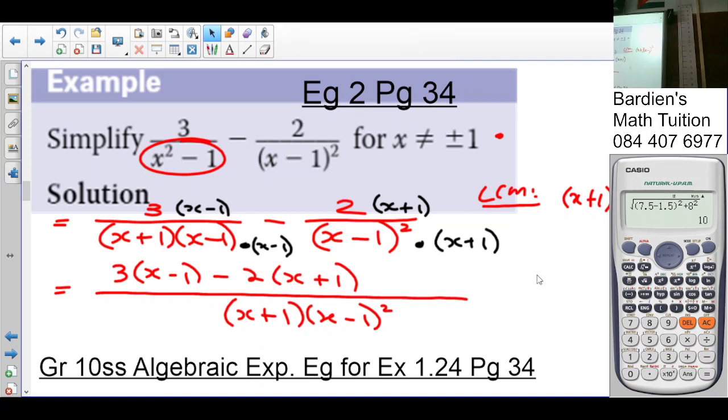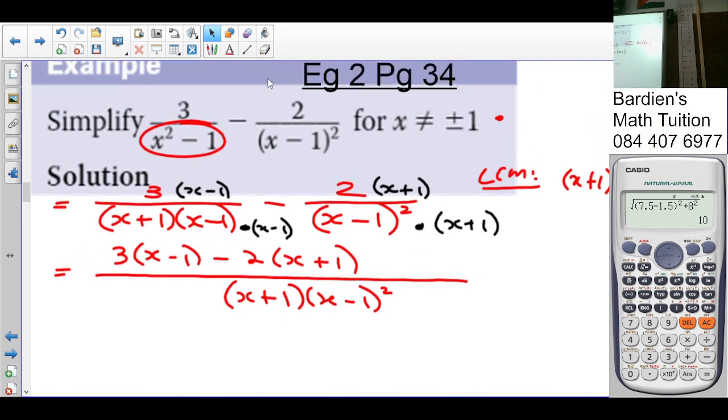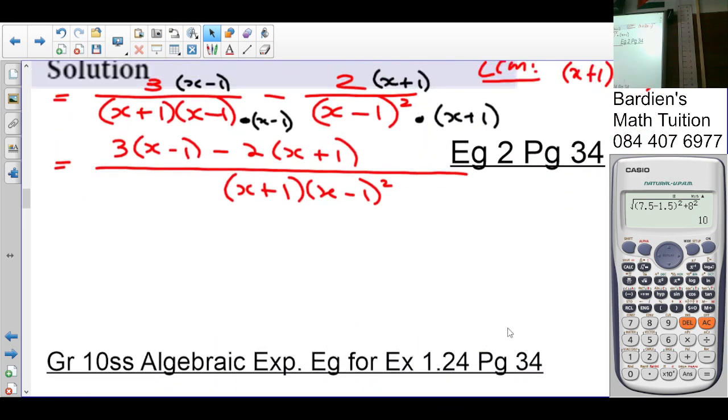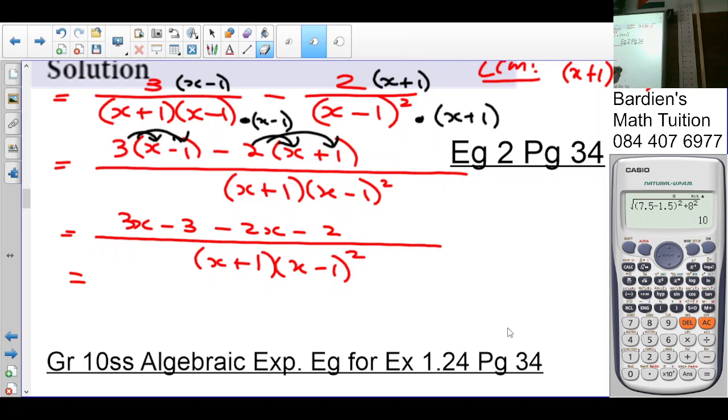So what do I do now? No cancelling. We multiply and get rid of the brackets. So it's 3 into x minus 1 and minus 2 into x plus 1. So what would that now read? 3x minus 3 minus 2x. So what do I do now?